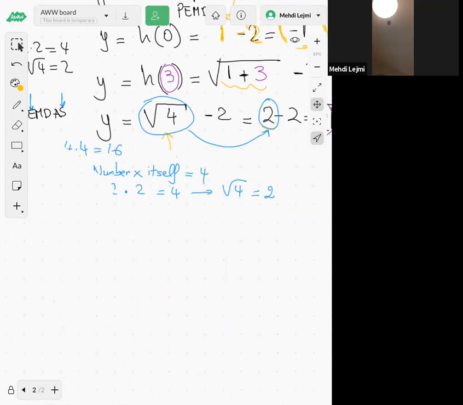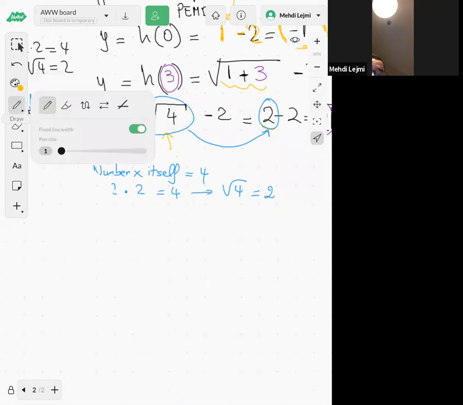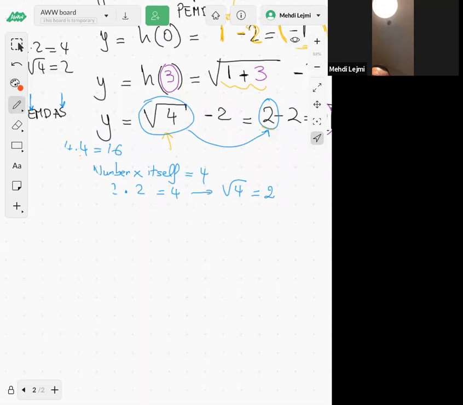So next, guys, as I said, there are 2 important ways to describe functions. The first way was using equations. Now, the second way, we're going to describe functions using graphs.